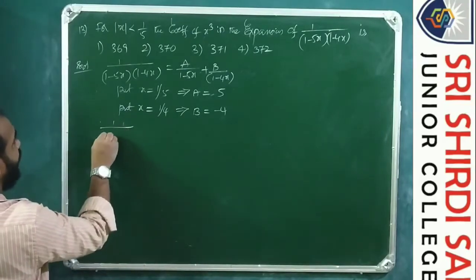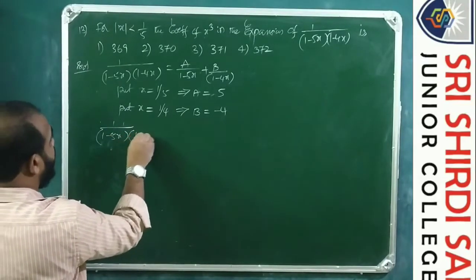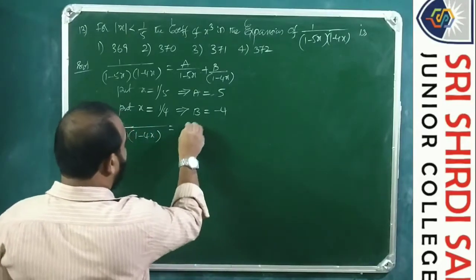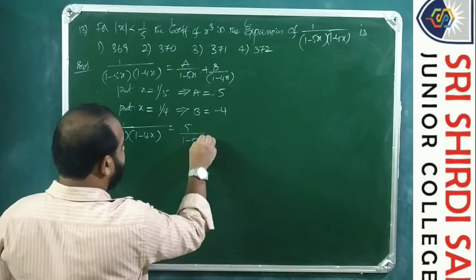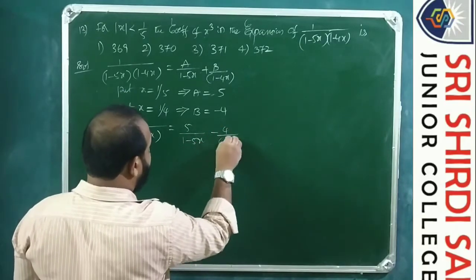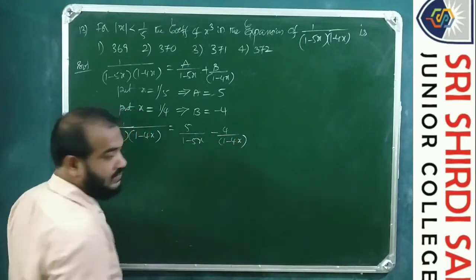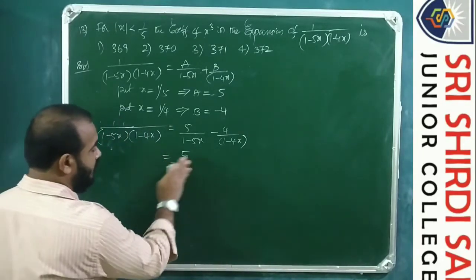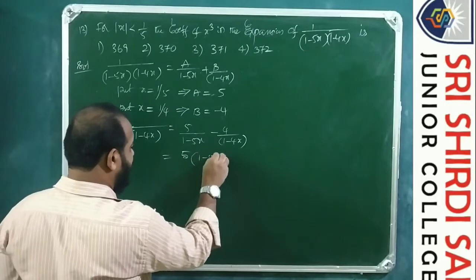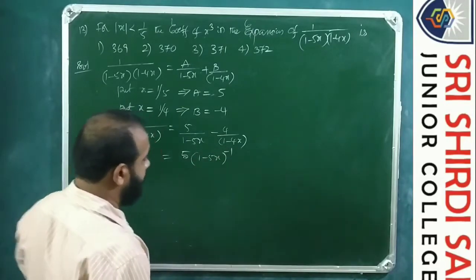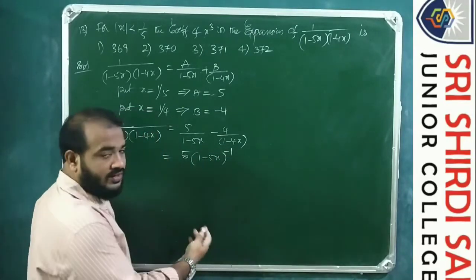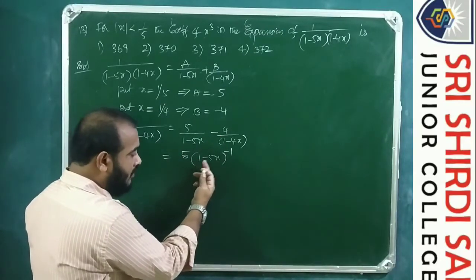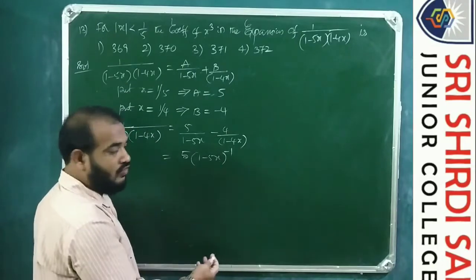Now 1 by (1 minus 5x) into (1 minus 4x) is equals to, the value of a is 5 by (1 minus 5x) minus 4 by (1 minus 4x). So 5 into (1 minus 5x) whole power minus 1, because we want this in the form of (1 minus x) whole power minus 1 or (1 plus x) whole power minus 1.